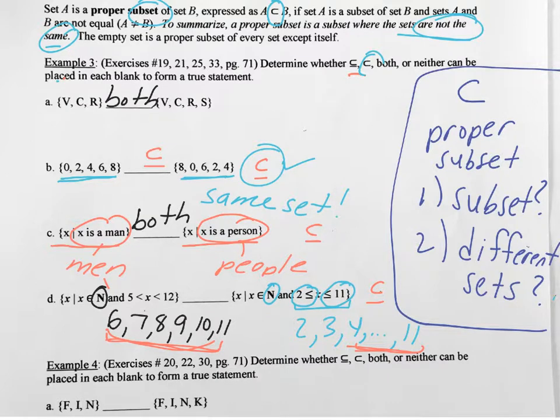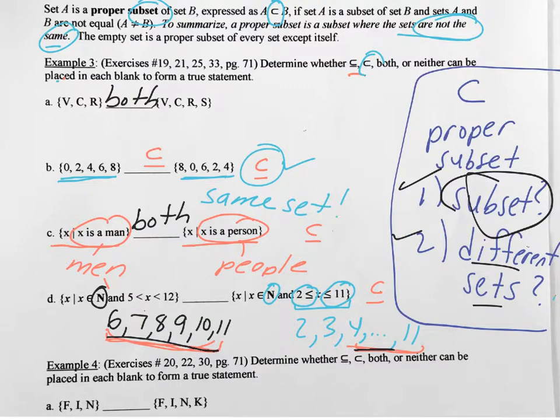Okay, can we take it a step further? Let's check the harder one and say it's not just a subset, but it's a proper subset. Well, let's check our criteria. Was it a normal subset? Yes. 6 through 11, those numbers are in the set on the right. Are these different sets?